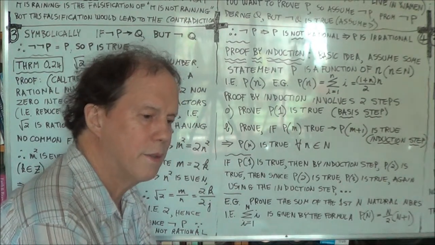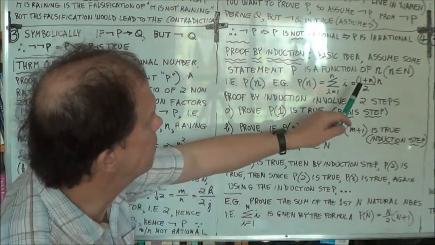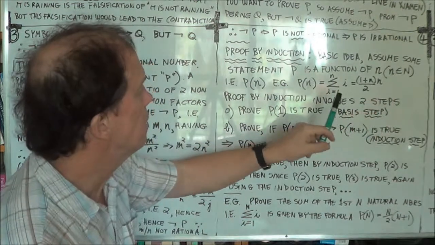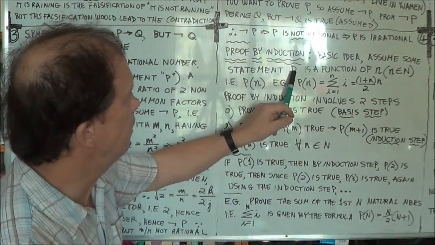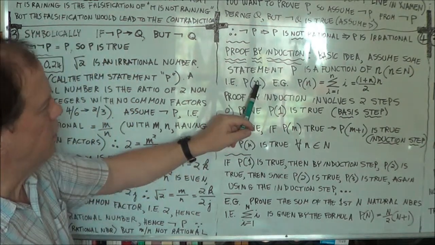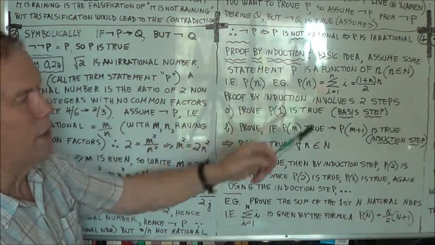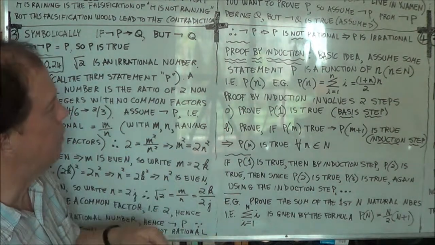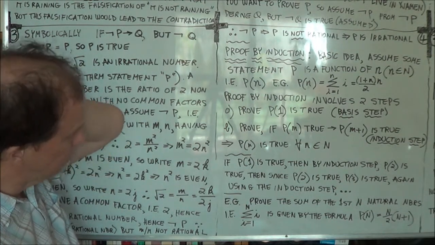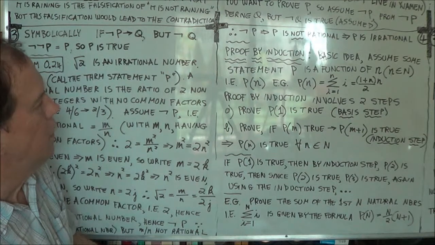It's about some integer, n, where n is some natural number, let's say. So your mathematical statement P is some function of n, where n is just some natural number, like 1, 2, 3, whatever.